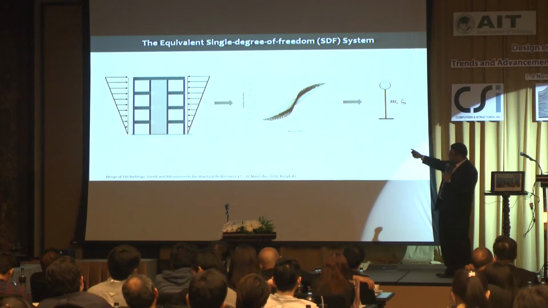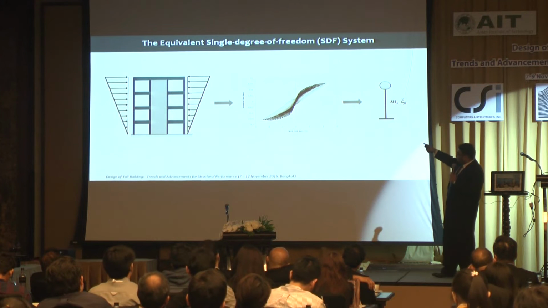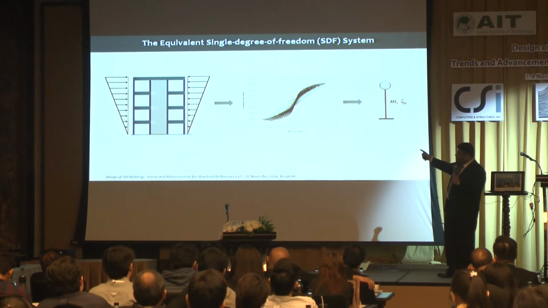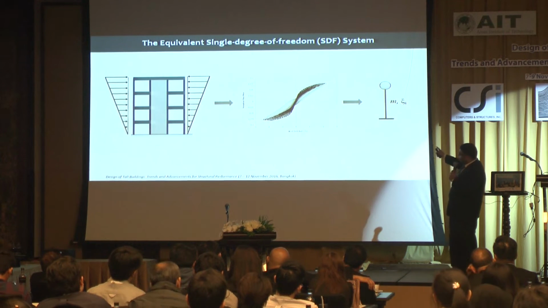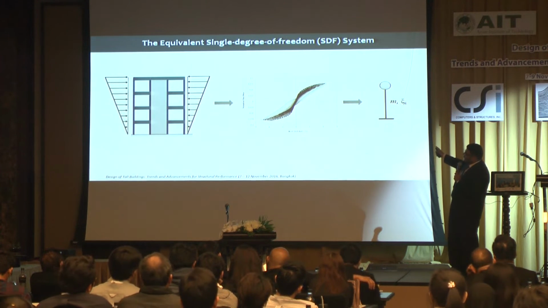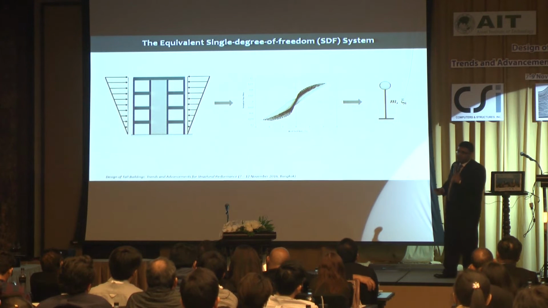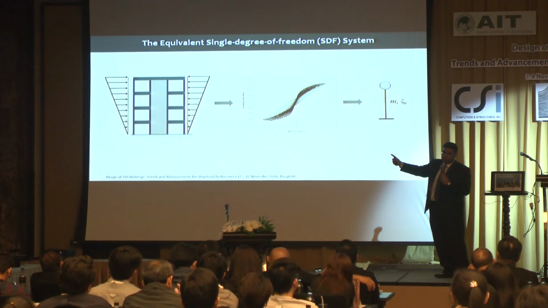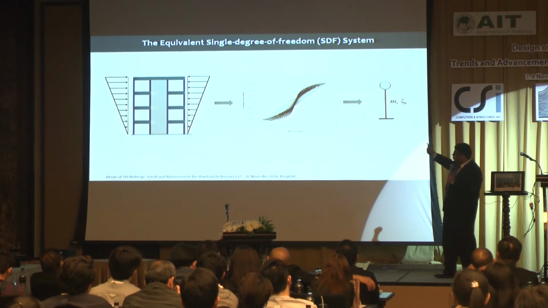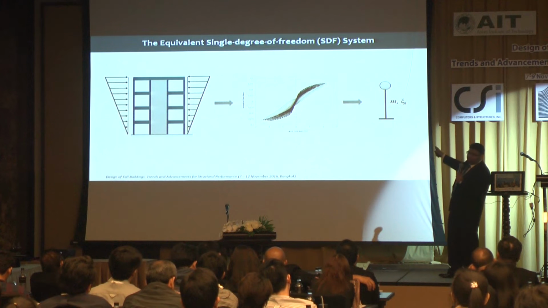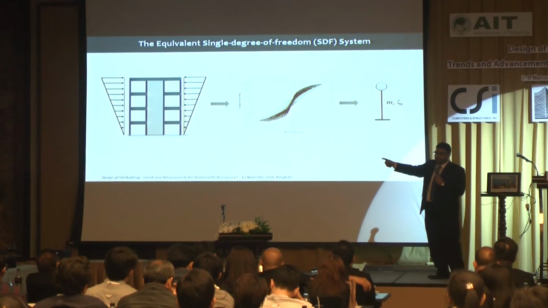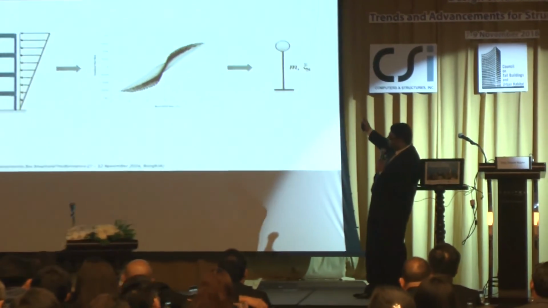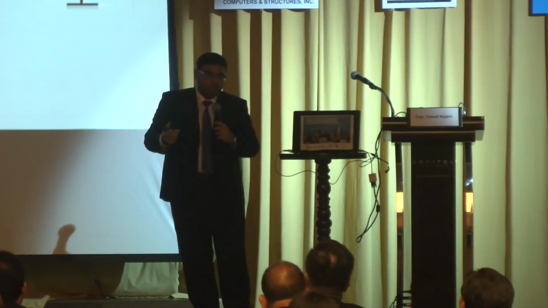If you can come up with a model which can actually map this hysteretic response, and you assign that model to a single degree of freedom system, the response of the single degree of freedom system is expected to be similar to that vibration mode of a multiple degree of freedom system. So that's how you can convert one specific mode of vibration of a multiple degree of freedom system to its corresponding equivalent single degree of freedom system. You do this cyclic pushover for enough modes, map their hysteretic responses, and get a corresponding single degree of freedom system for each mode.